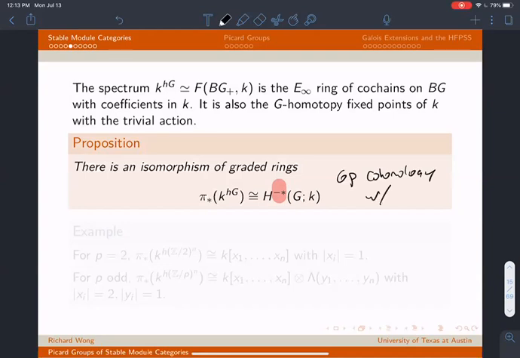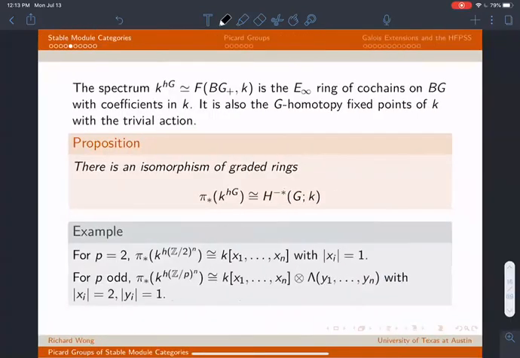with trivial action and coefficients in k. So for example, if p is the prime 2, then the homotopy groups of the Z/2^n homotopy fixed points, again with a trivial action, is just a polynomial ring in degree -1.